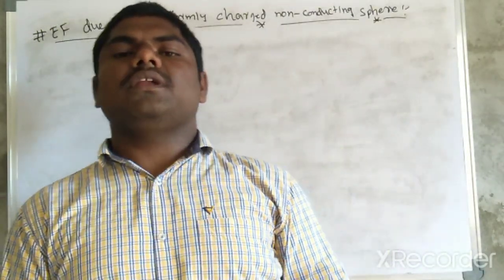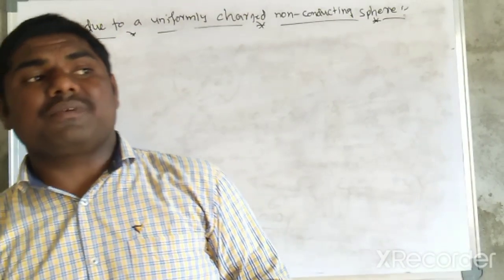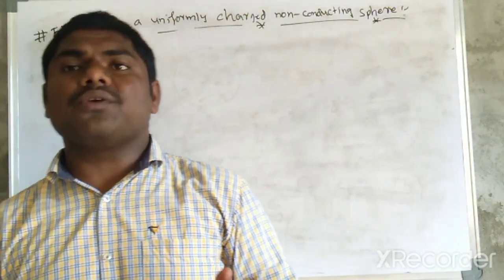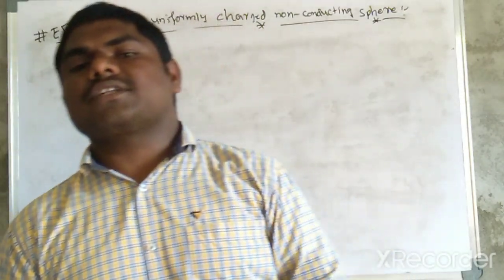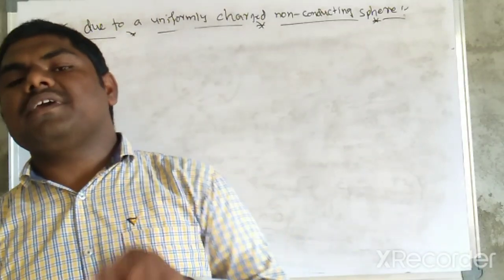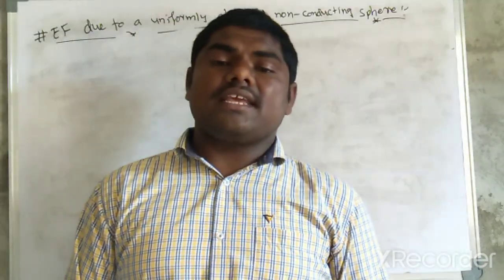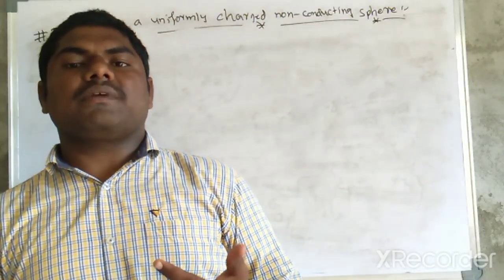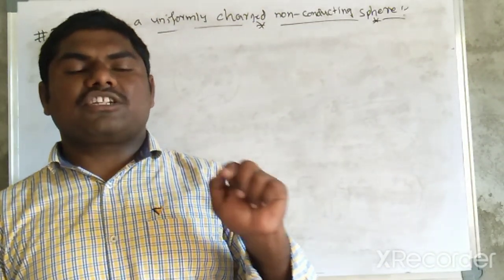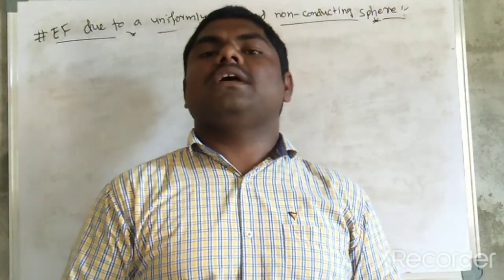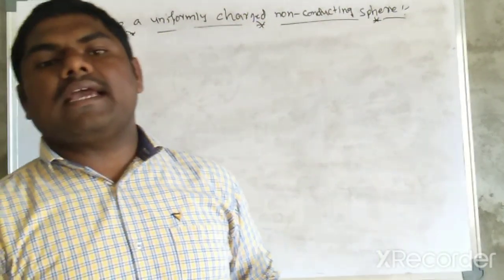In a conducting sphere, inside the electric field is 0, outside the electric field is kQ by r square, where R is the sphere radius. Outside, the electric field strength is equal to kQ by x square, where x is the distance from the center of the sphere to the Gaussian surface point.